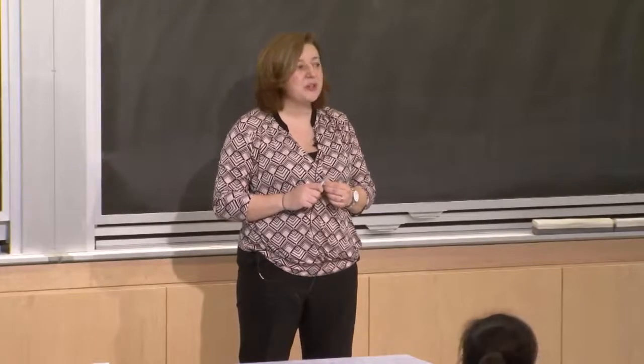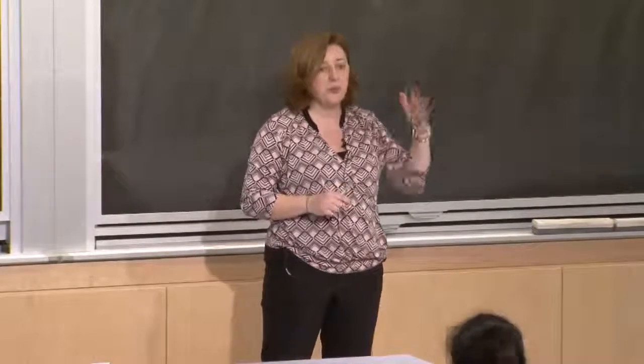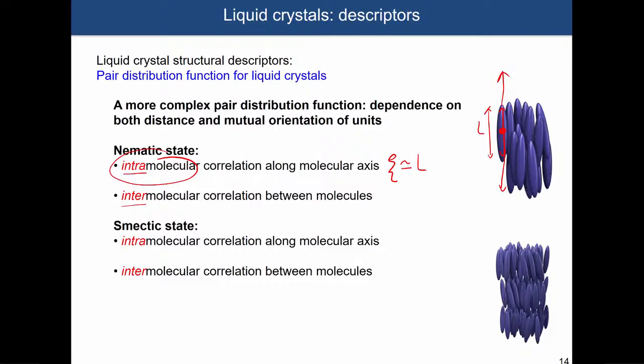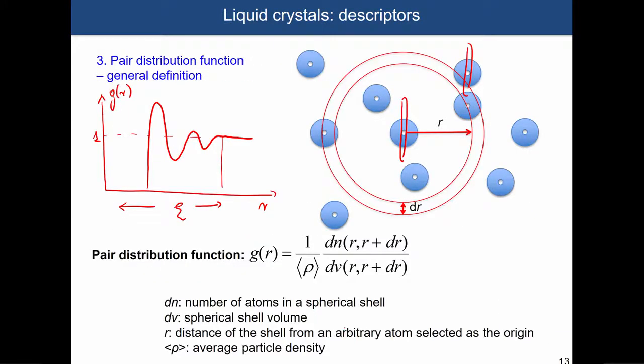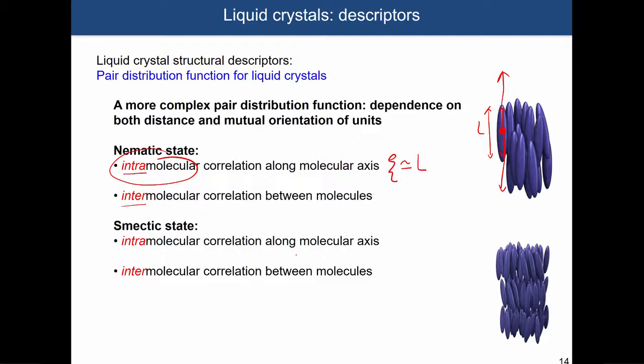The pair distribution function for gases is a line, right? But for liquids and amorphous materials, there are sort of wiggles, right? So this correlation distance is usually a couple of near neighbor distances. The nearest neighbor distances in liquid crystalline materials are simply the distances between different molecules.